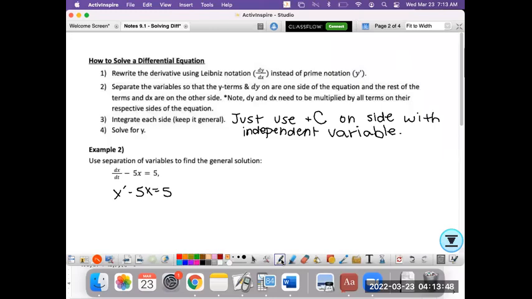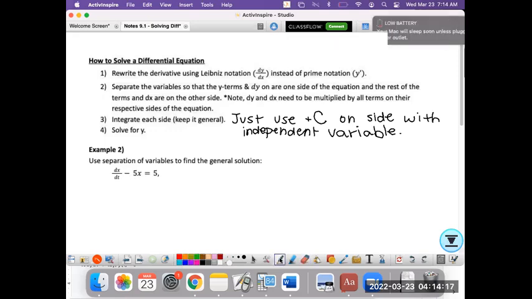And if we're looking at just that, we don't really see an independent variable, because since I see that x prime, that tells me that x is my dependent variable, like y usually is. So if this was the original equation, we could choose our own independent variable. And I think t is a very nice one here versus if I chose y, because that just seems so backwards compared to what we're used to that you might have gotten confused.